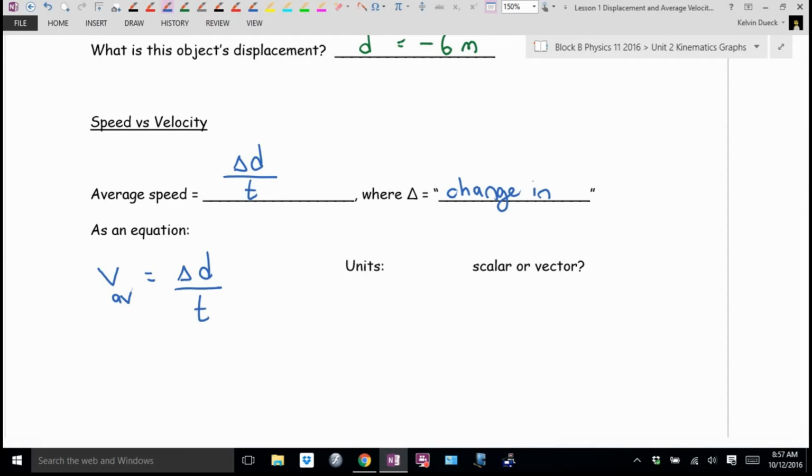What would the units be? What do I measure distance in? Per. What do I measure time in? It is worth memorizing what units go with what variables or what concepts. Have I already told you I hate memorizing things?